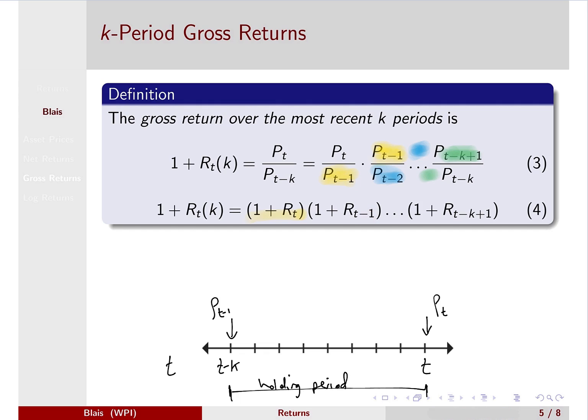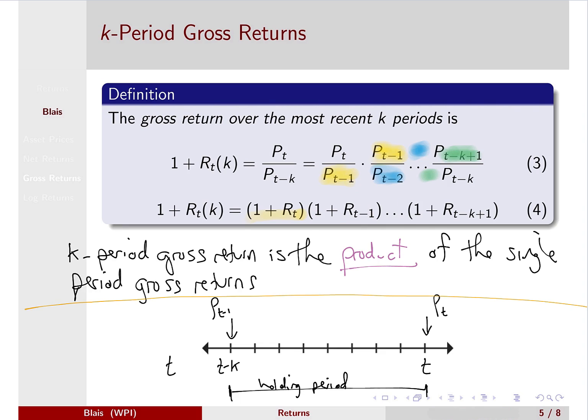Up until the end, the last fraction is the gross return for day t minus k plus 1. And so we see that the k period gross return is the product of the single period gross returns. And so this is an important insight. We'll see why it's so important in just a moment.